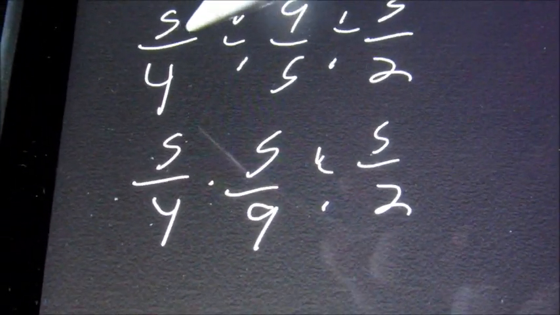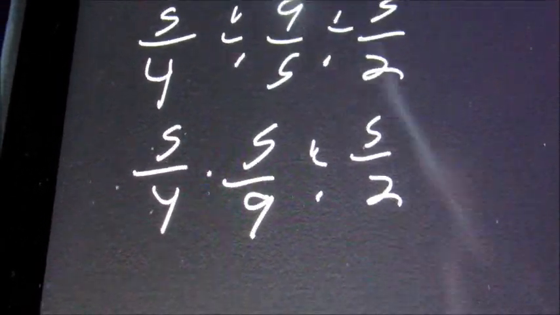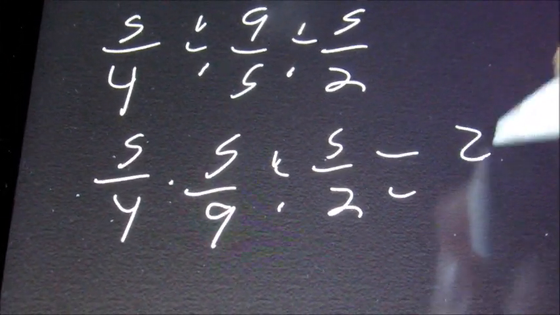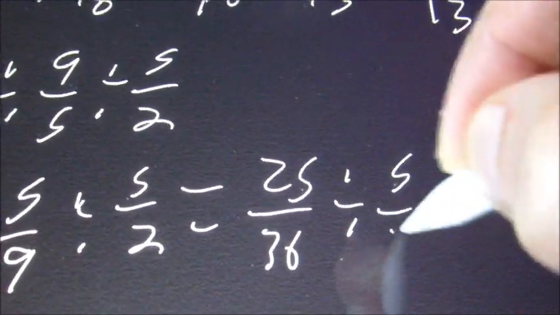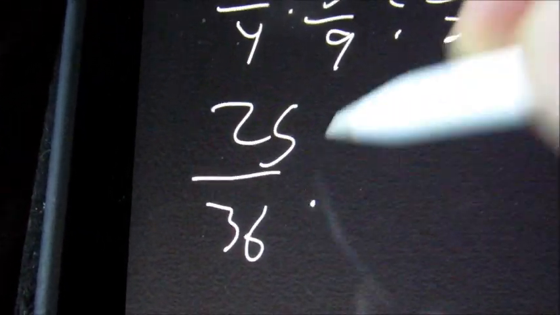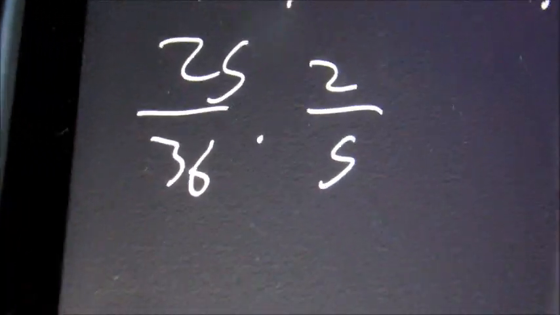And then I'm going to multiply the first 2. So I'm going to have 25 over 36 divided by 5 over 2. And then I'm going to flip the second one. So I'm going to have 25 over 36 times 2 over 5.